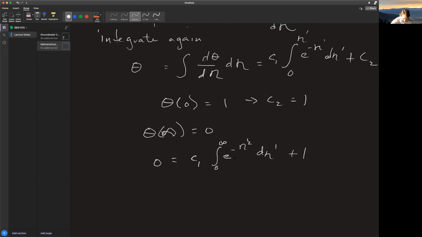This is an identity, and you can look this up in an integral table: if the upper limit is infinity, this integral goes to square root of pi over 2.